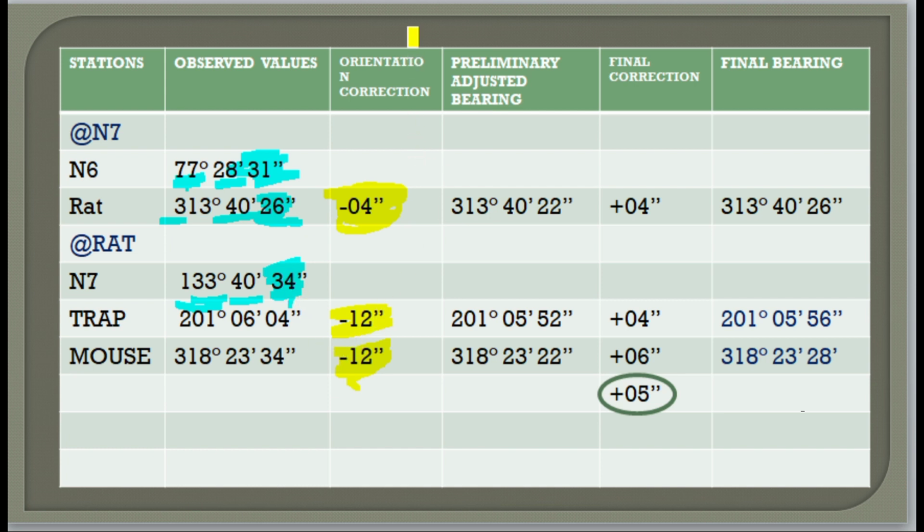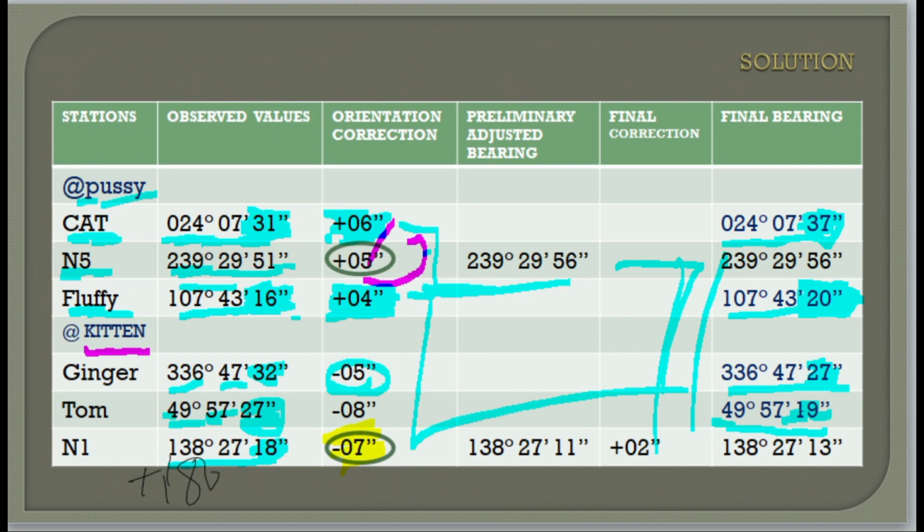So by finishing all those orientation corrections, we go again. So here we'll start. I can start from our top table. So you can do this in any sequence. So I'm going to add the observed values from the orientation corrections.